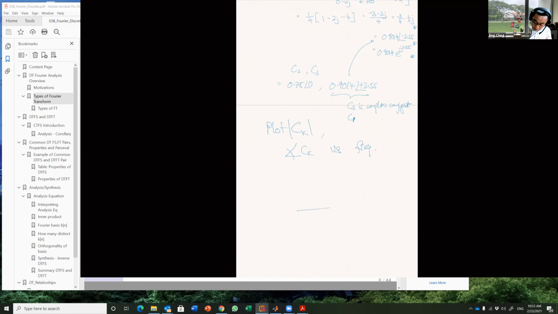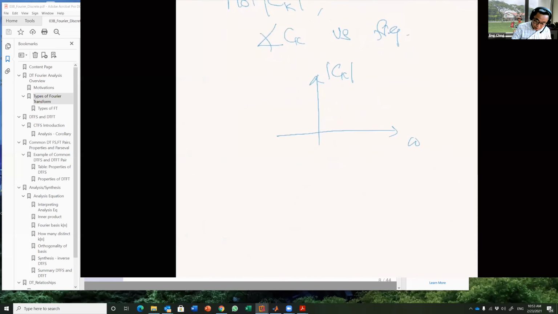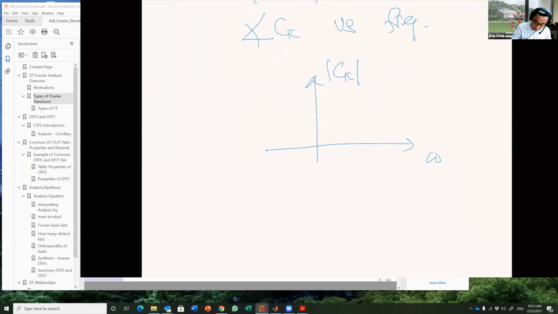So first we draw the frequency. This is the magnitude of Ck. This is the frequency omega. This is omega. And this is the angle of Ck.